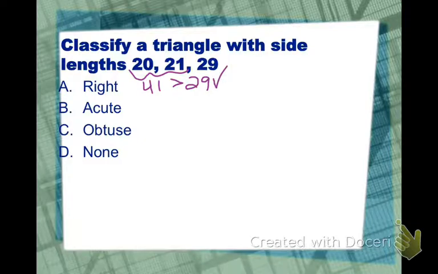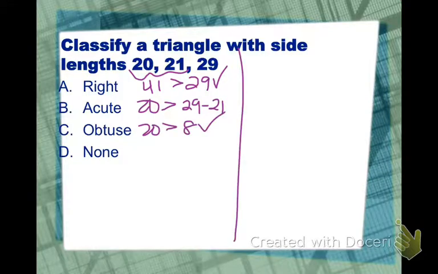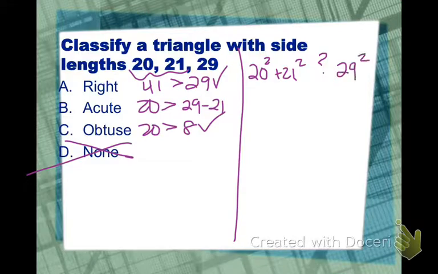And just to check again, our shortest side is greater than the difference of the two longer sides. 20 is greater than 8. Okay, so we've checked again that we're dealing with values that could be a triangle. What we want is the comparison between the squares of the two shorter sides. How does that compare to the square of the longer side?